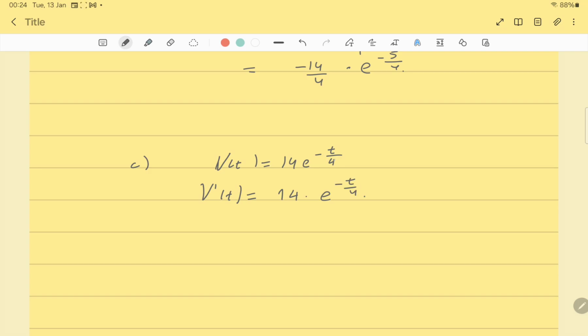And here, because we don't have plain t and we have a more complicated expression, we need the derivative of minus t over 4. The derivative of t is going to be 1, so it's going to be minus a quarter times 14, minus 14 over 4 times e to the minus t over 4.